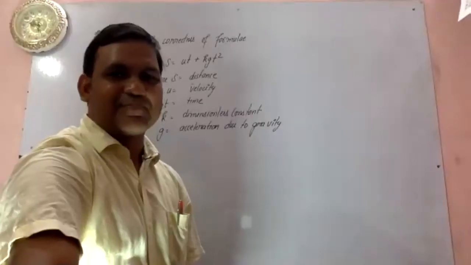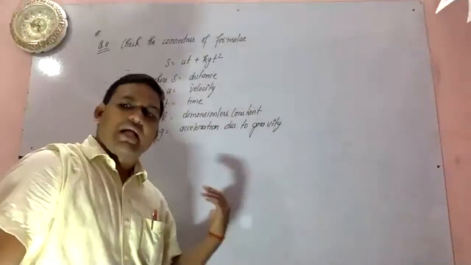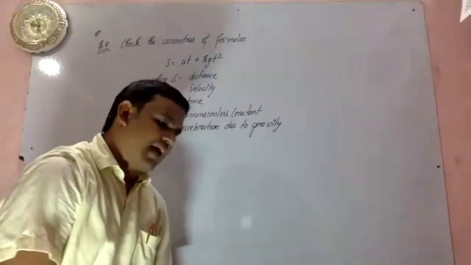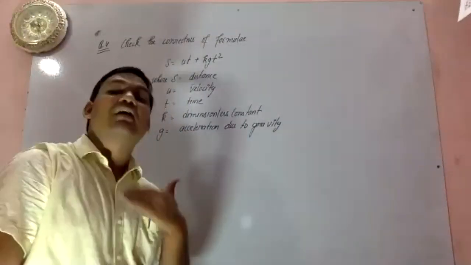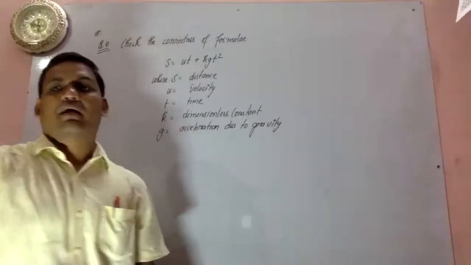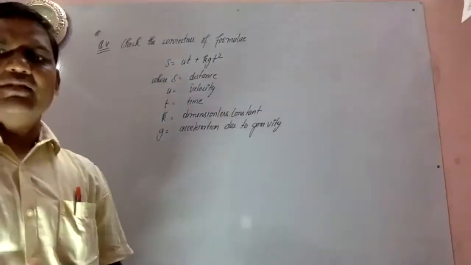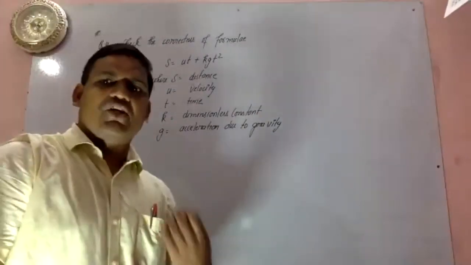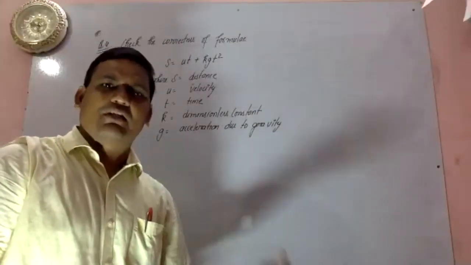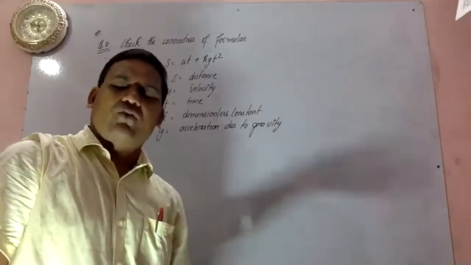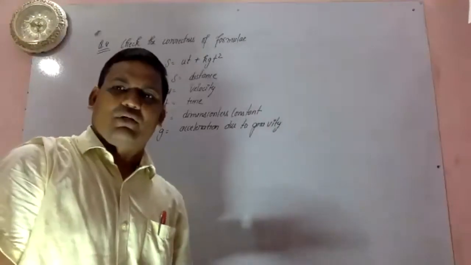Yeah, exactly. So coming to the next aspect of dimensional analysis, that is the unit conversion. So how can we do the unit conversions? Yes, it can be done by another method, but there is an application of dimensional analysis for unit conversion also. So we'll see how we can convert from one unit to another unit.